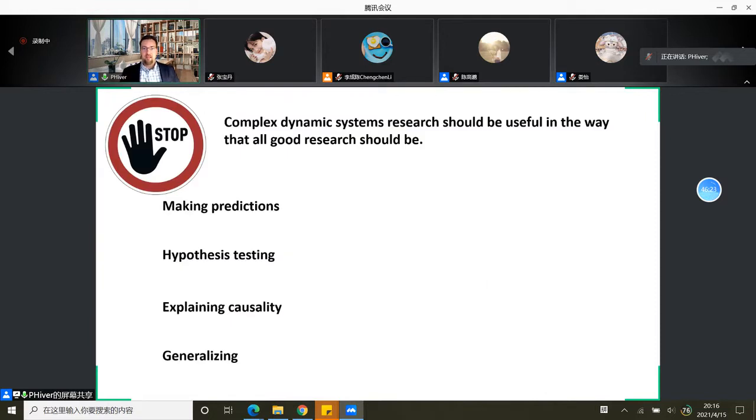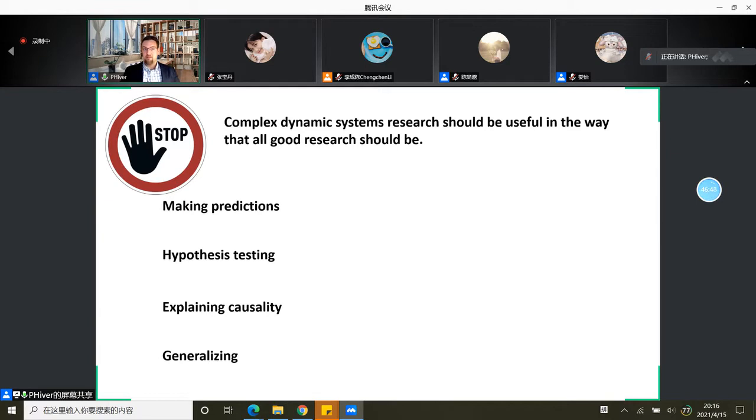Now, I just want to take another short detour to talk about the kinds of criticisms that some individuals with a superficial understanding of complexity sometimes have. Any serious complexity researcher should be clear: complexity research is intended to be useful, just like all good research is intended to be useful.